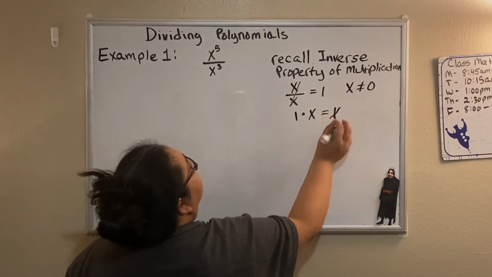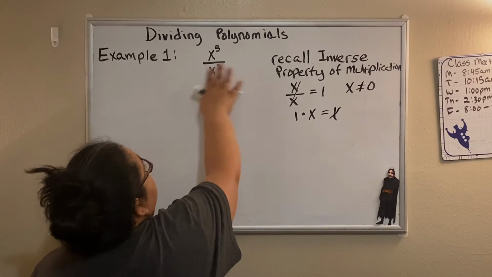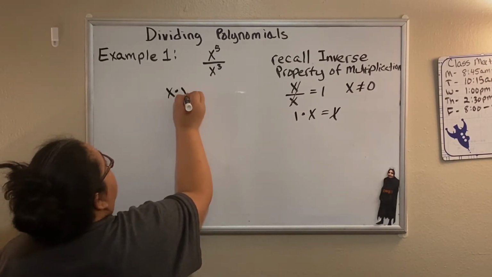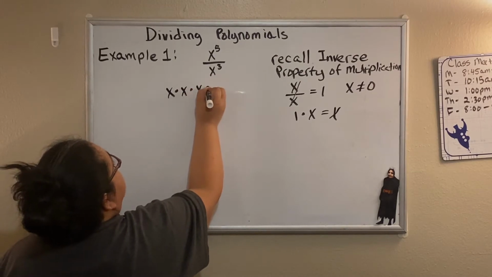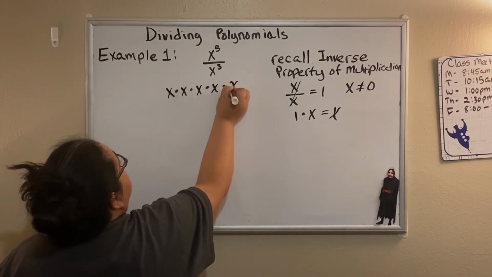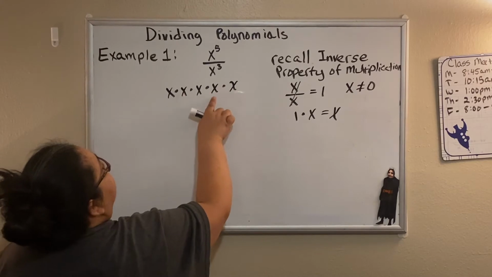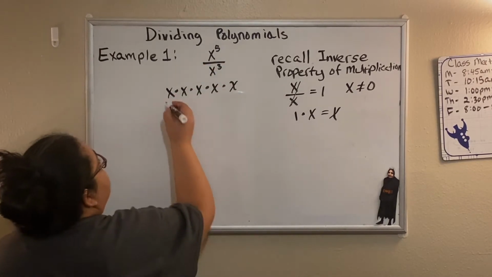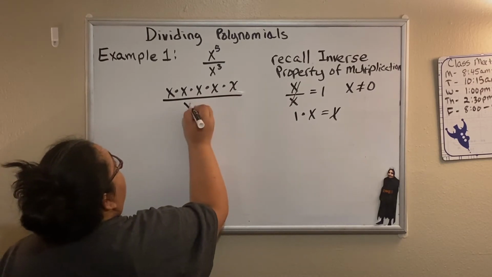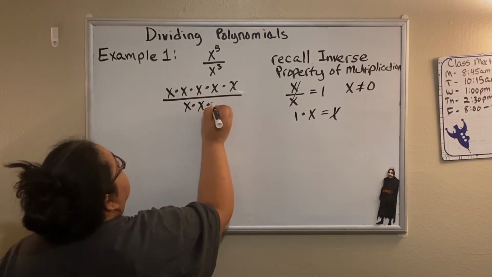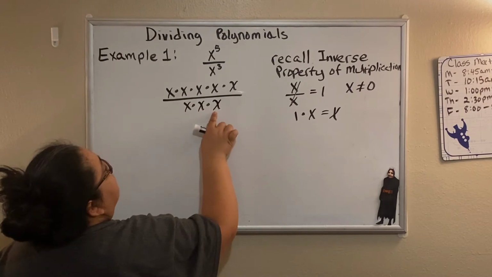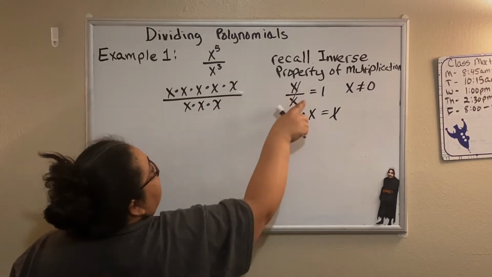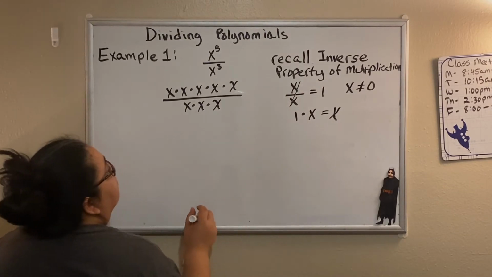It's the same value. So if we rewrite this as x times x times x times x times x, 1, 2, 3, 4, 5 x's, that's x to the fifth, and we divide that by x times x times x, that's 1, 2, 3 x's, that's x to the third, we can reduce using the inverse property of multiplication.